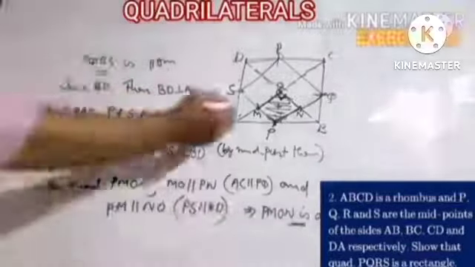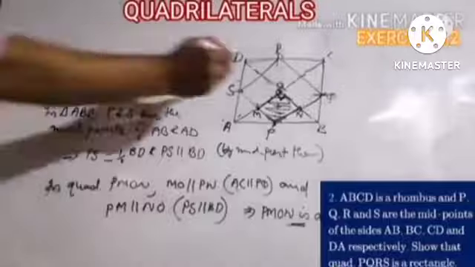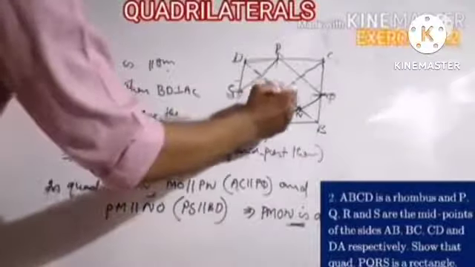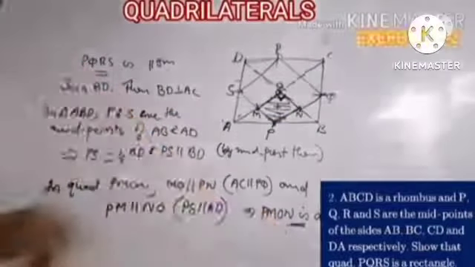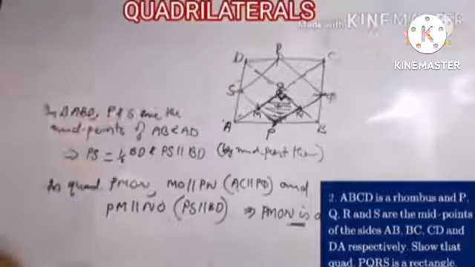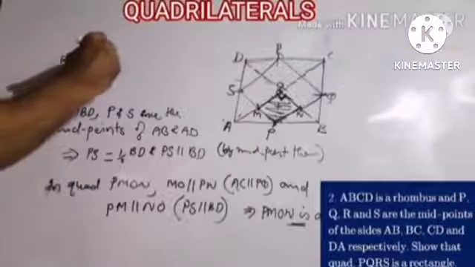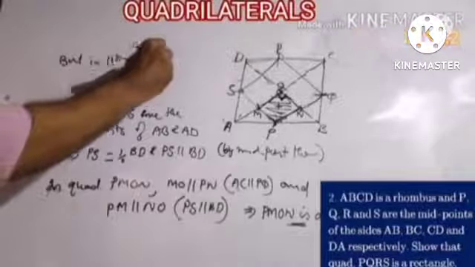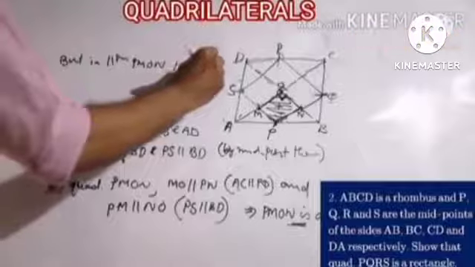Now we have this small figure, quadrilateral PMON, becomes a parallelogram. Okay. Already in this parallelogram, one of the angles is a right angle. Now what do we call this parallelogram? Then this parallelogram has a right angle. Okay. Then last step. In parallelogram PMON, angle MON equal to 90 degrees.